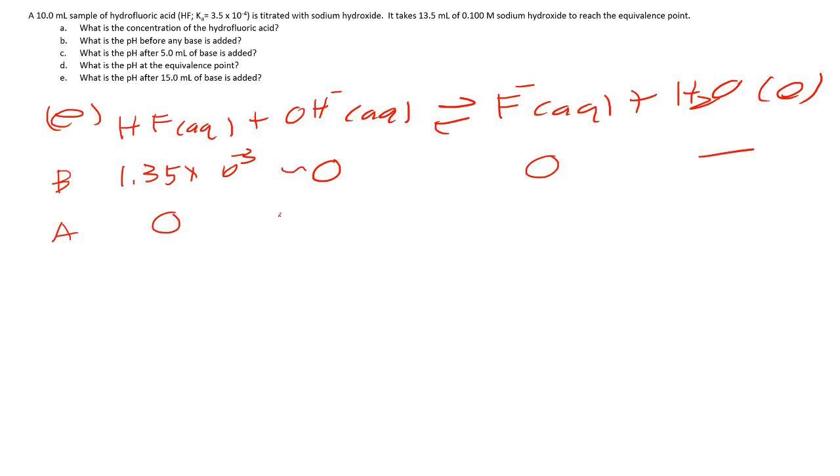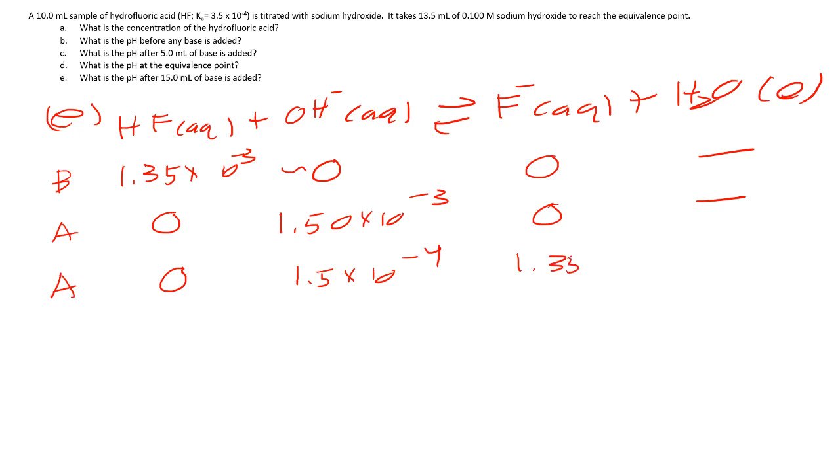We add no HF, but we add 1.50 times 10 to the minus 3 moles of hydroxide, no F minus, water. And then after our addition, we had more hydroxide than we had HF, so we're going to use up all the HF. And then if we subtract the HF from the OH minus, we'll find that we have remaining 1.5 times 10 to the minus 4 moles of hydroxide. And we have 1.35 times 10 to the minus 3 moles of F minus.